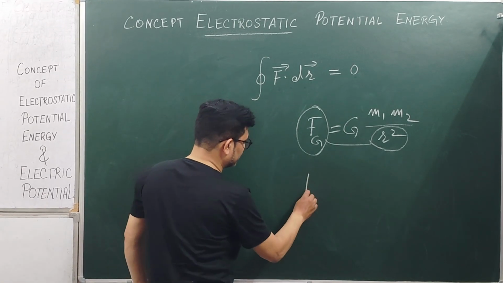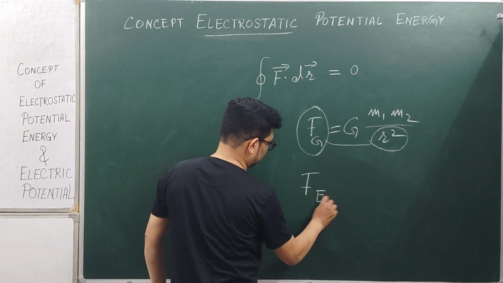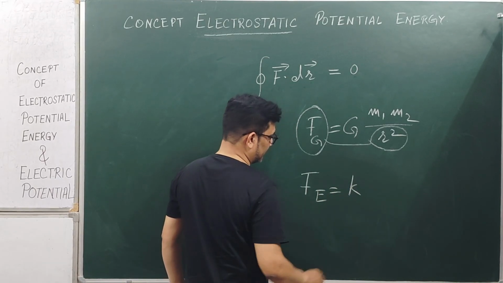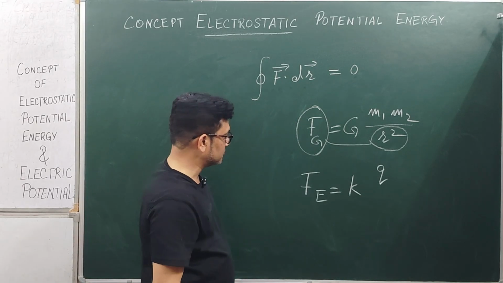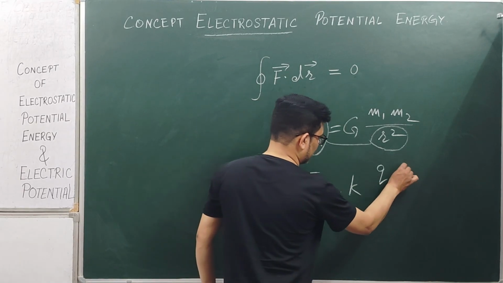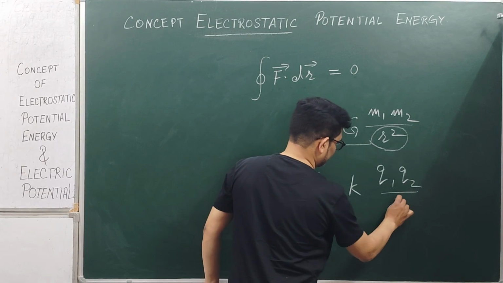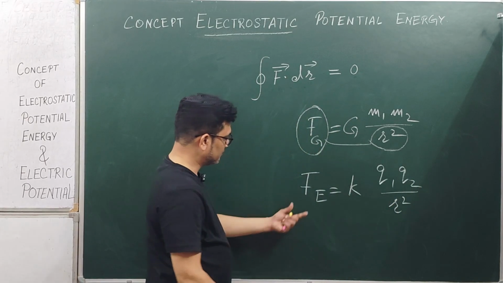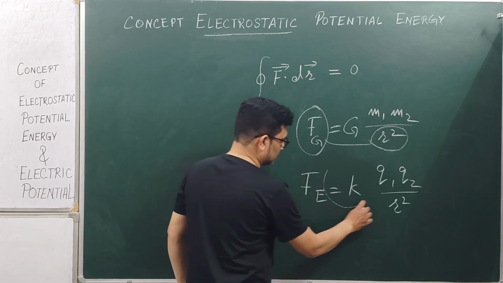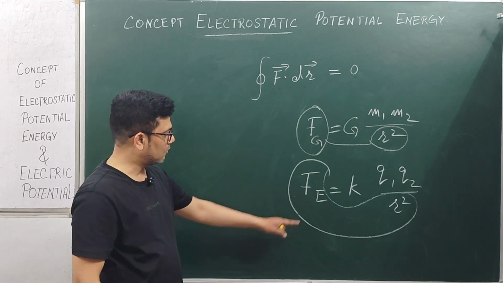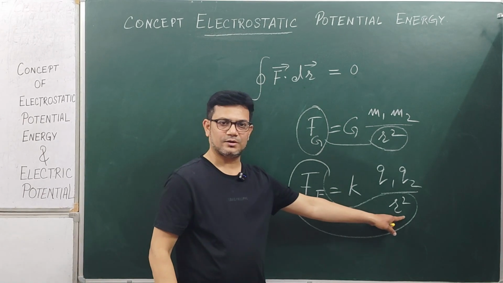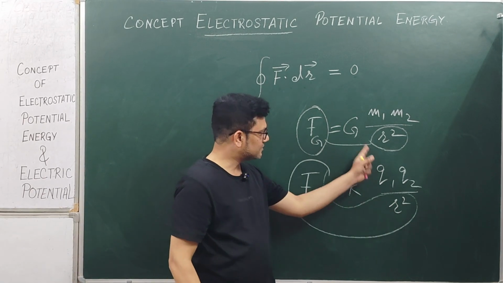Similarly, in case of Coulomb's law, that is electrostatic force, we have K as the electrostatic constant, and if there are two charges, we have this expression for the force, which also holds true the inverse square law. So it's quite similar.